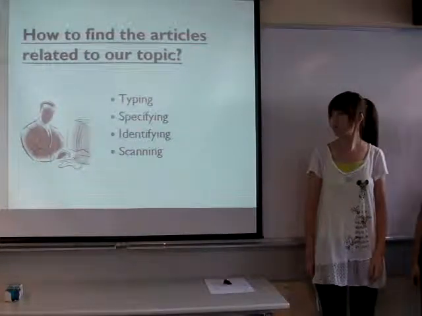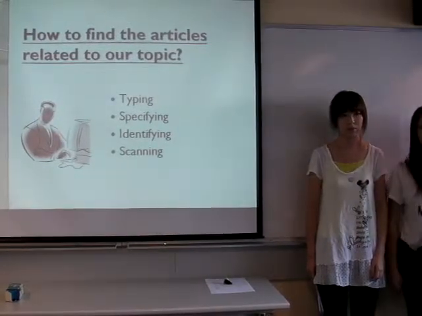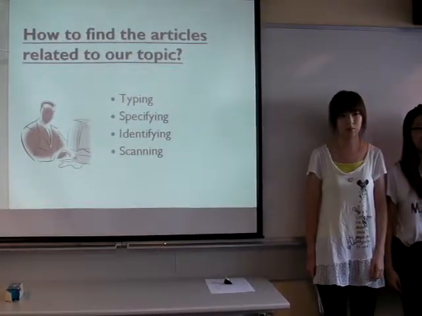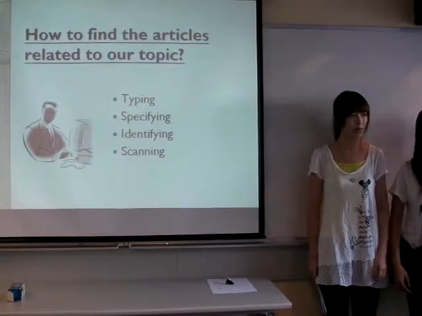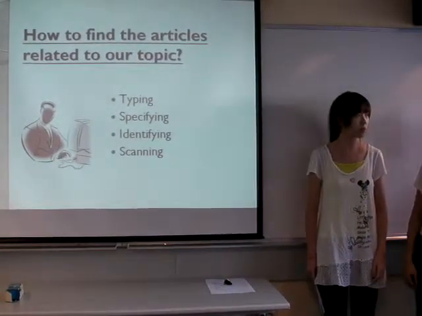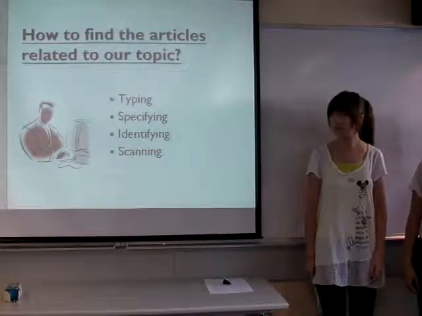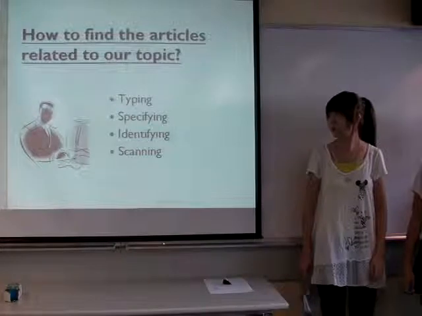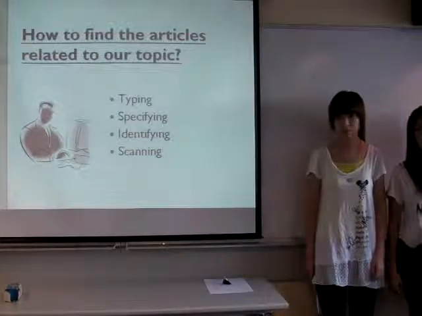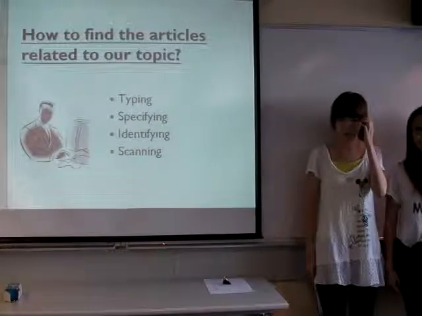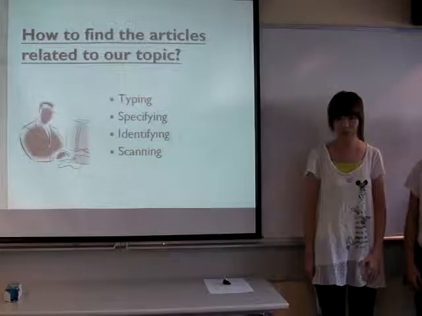Then we click into the website and identify what real subject or what issue it is talking about. After we have found the article, we first scan it to see whether it is really suitable for our topic or not.